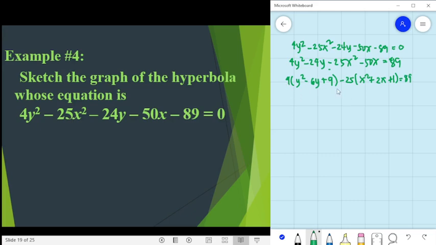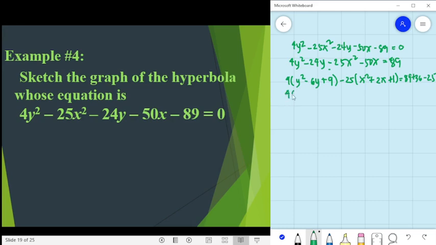Then we are actually multiplying 9 times 4, which is 36, and then negative 25 times 1 is negative 25. So we put these here, because we added them here: 9 times 4, which is 36, and negative 25 times 1. So after that, we are going to factor these two.